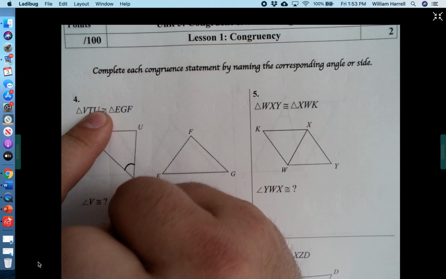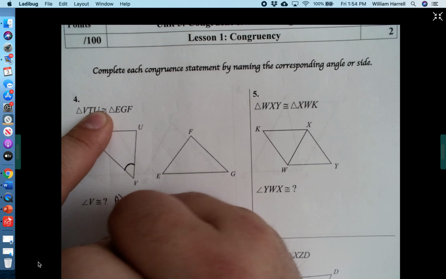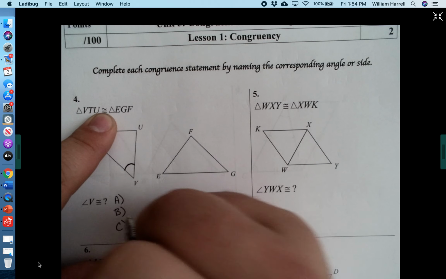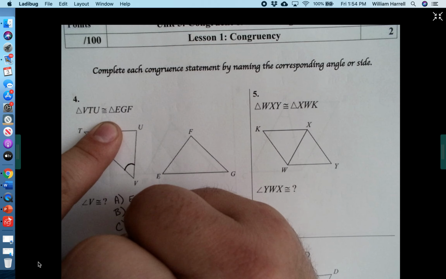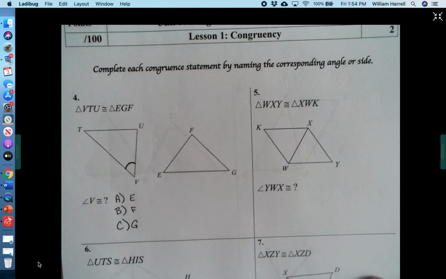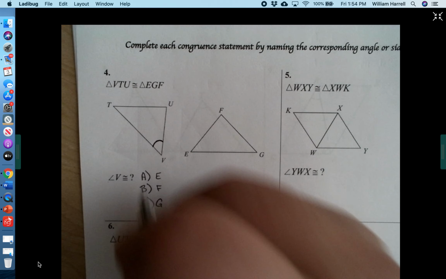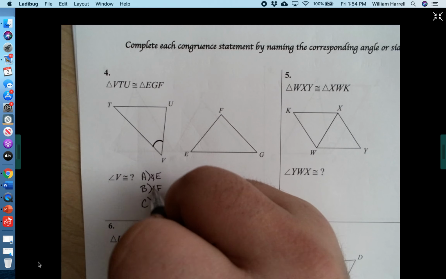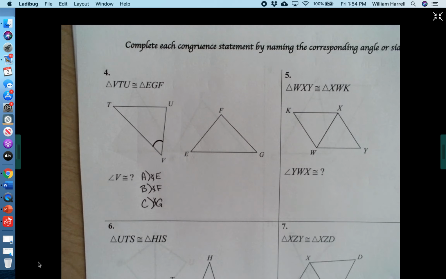So, just go with your gut here. E, F, or G. So, which of these is right? Angle E, angle F, or angle G? Which does V go with?